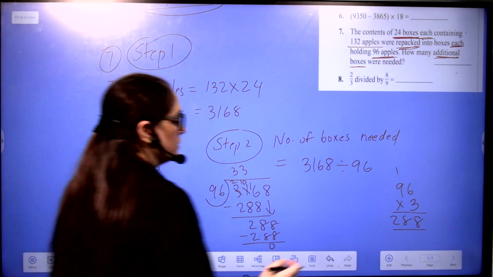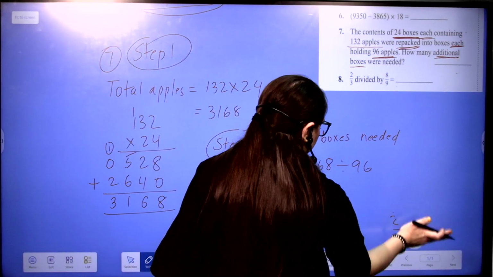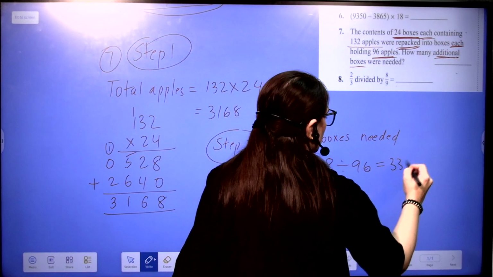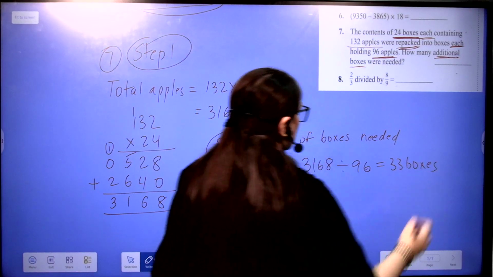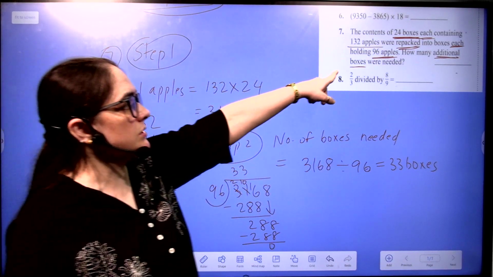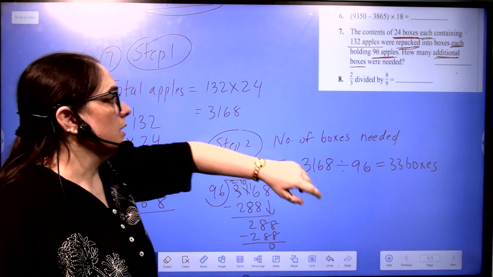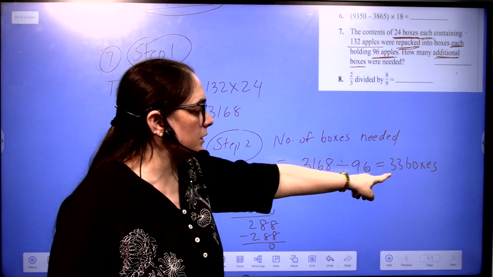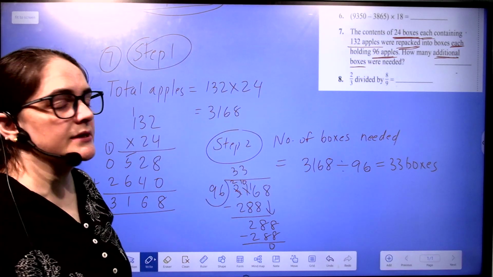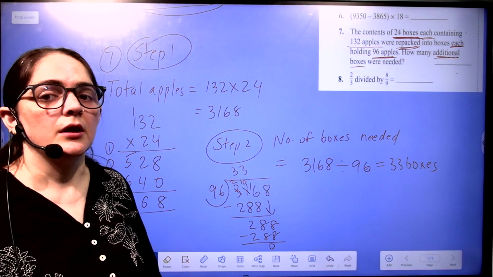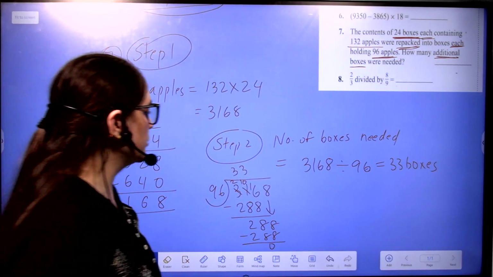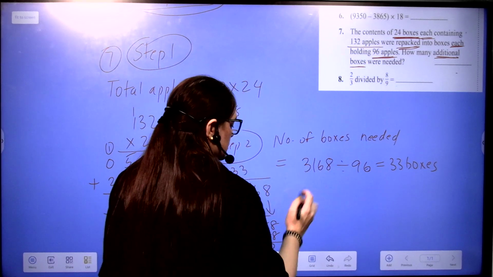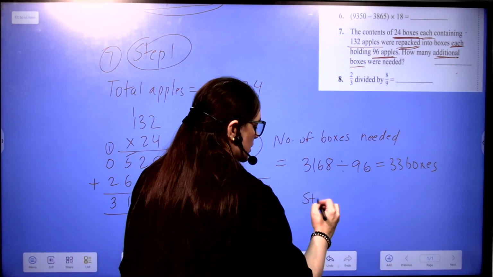So we actually need 33 boxes to repack these apples. But the question was how many additional boxes are needed. Okay. So we had 24 boxes already, and now we need 33 boxes because we are packing 96 apples in each box now. Before we were packing 132 apples. So additional, now you can just do step 3.